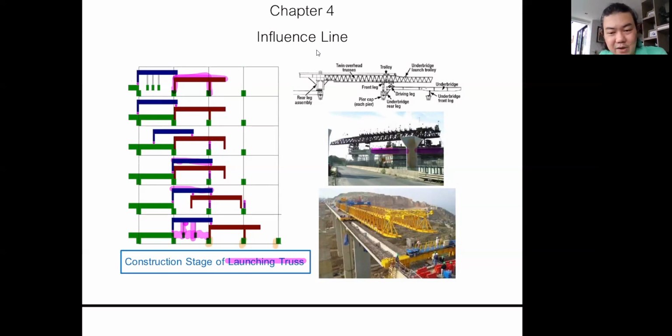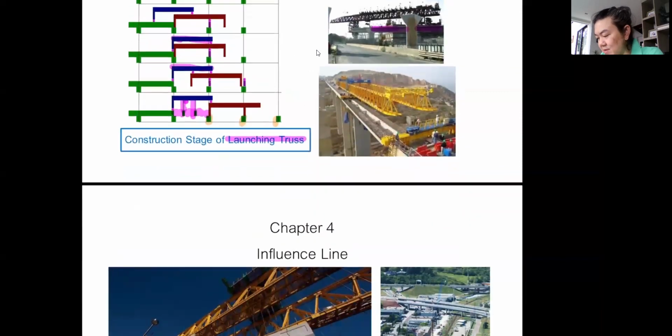And we are still having a lot of this under construction, of all kinds of the SkyTrain that we now have. That's a launching truss, and this is like a mega structure, you know. And of course, the loads move in these structures. You can see this too.